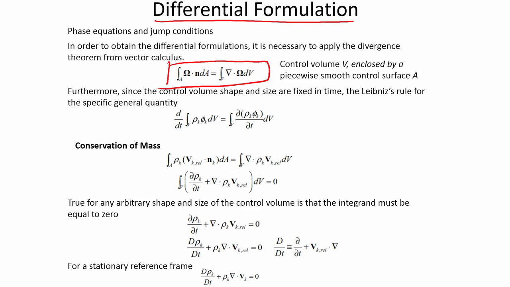What is the divergence theorem? This is basically for any property that you can think of, which is enclosed by a control volume V, which is basically enclosed by a piecewise smooth control surface.